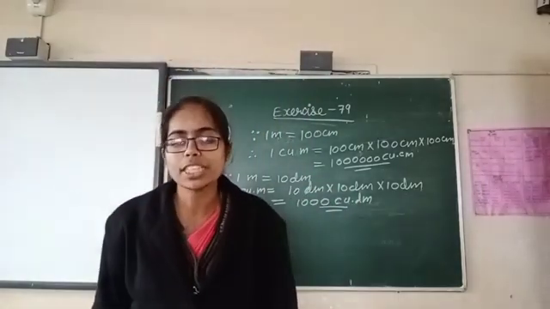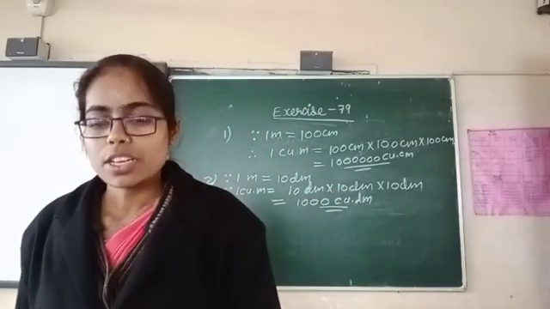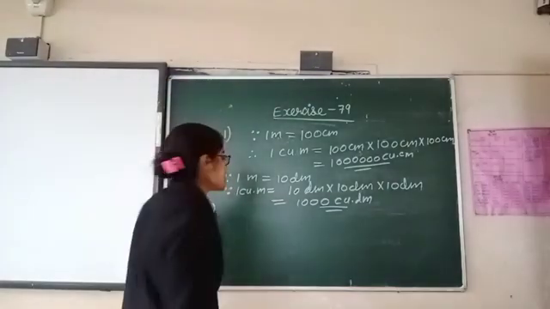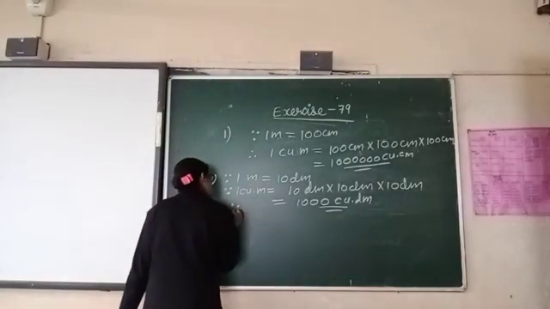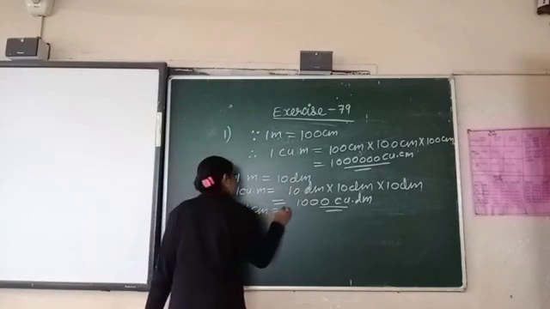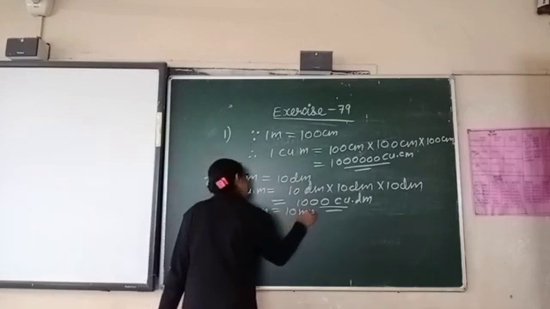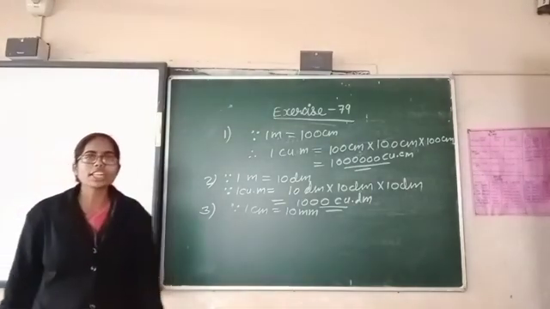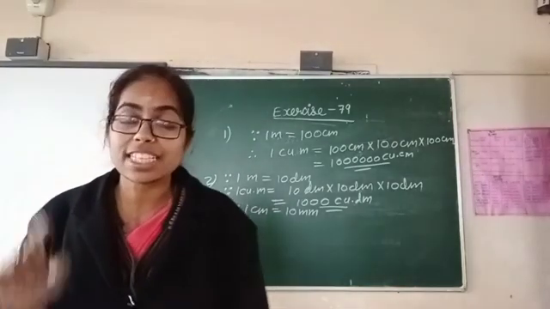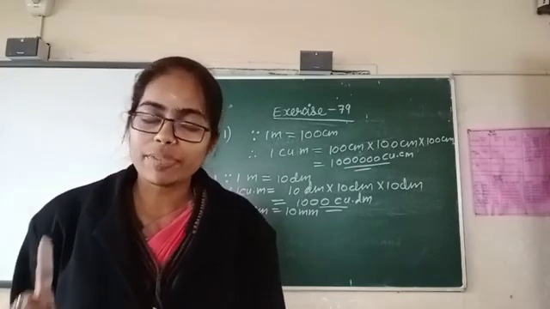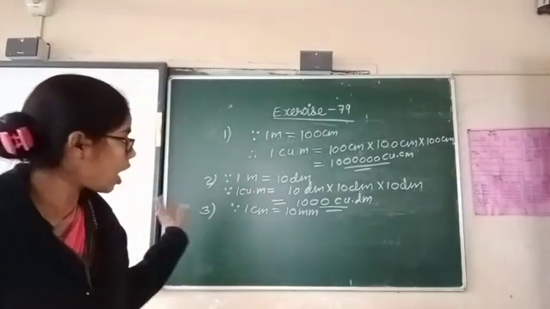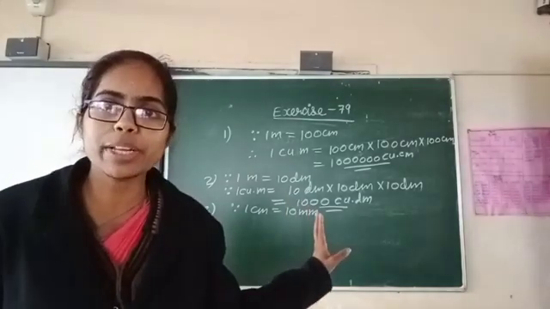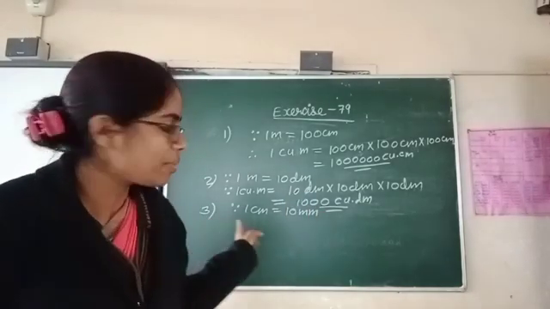are there in 1 cubic centimeter. So what will we write? Since 1 centimeter equals 10 millimeter. These formulas we have studied in this class only, and I have made you understand how we are getting all this. I explained it in the class, so I am writing the formulas directly now.